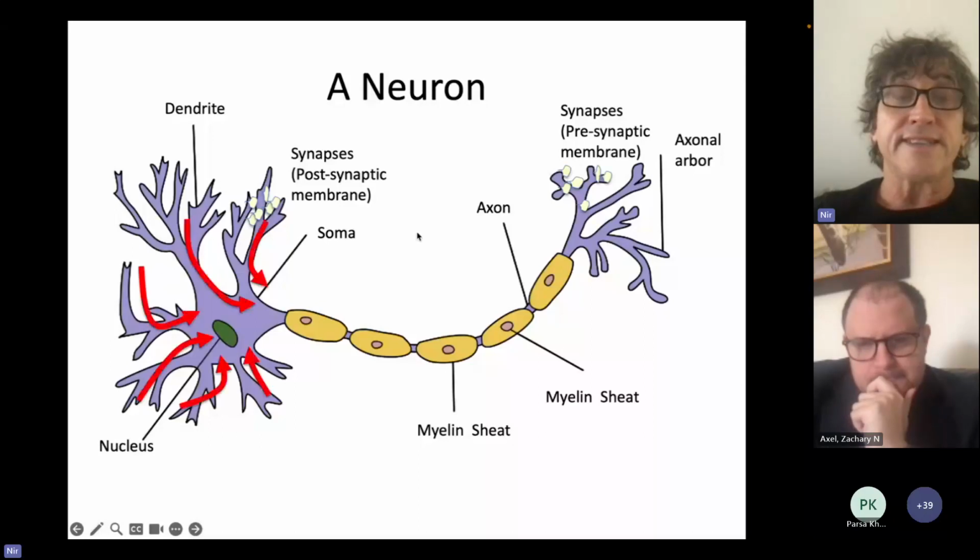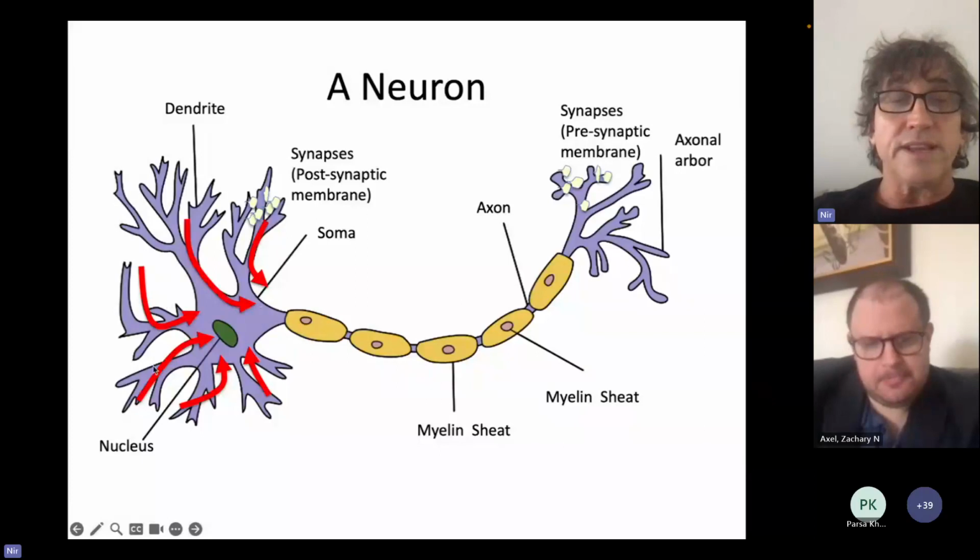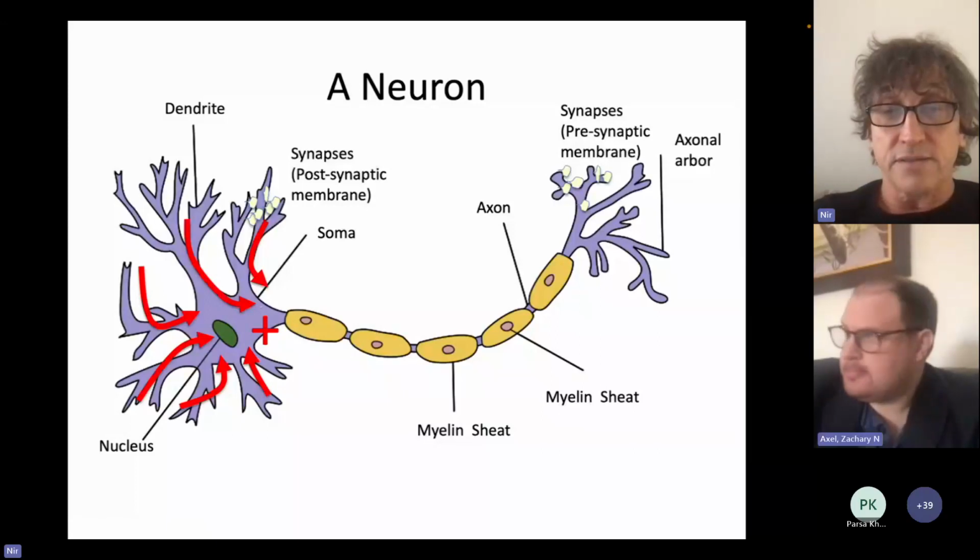The computation is essentially this: I get the signals from the synapses, then I accumulate them. This is an electrical pulse. Then I sum it up in some way, and to this day we don't know exactly what the function is.